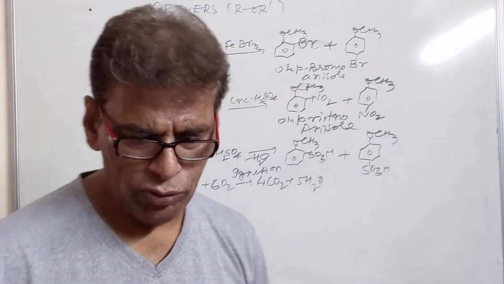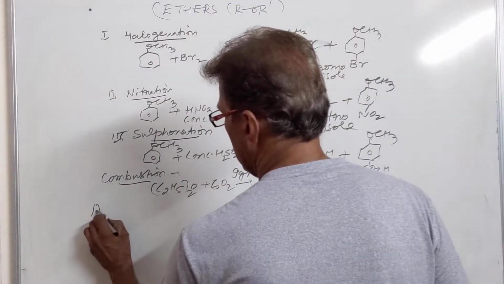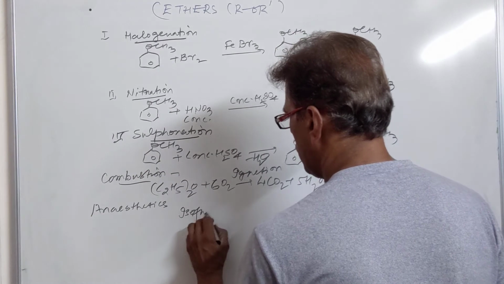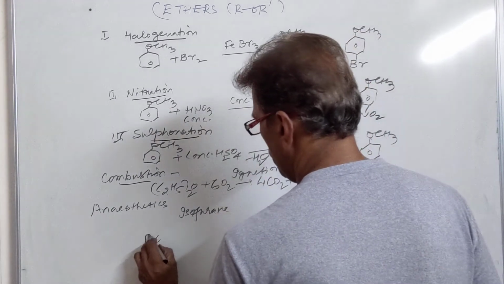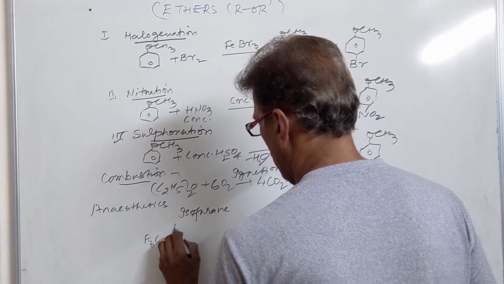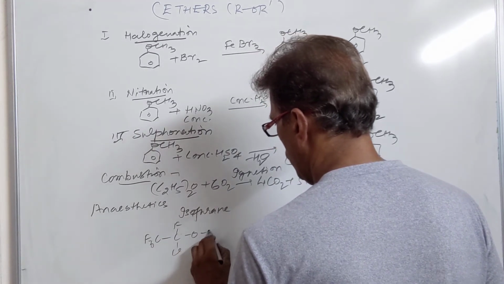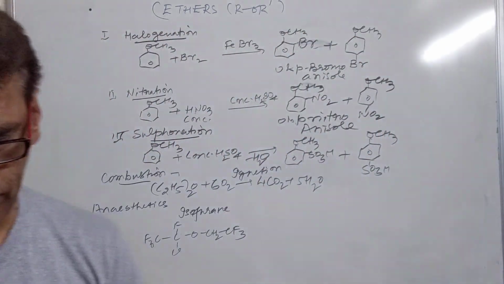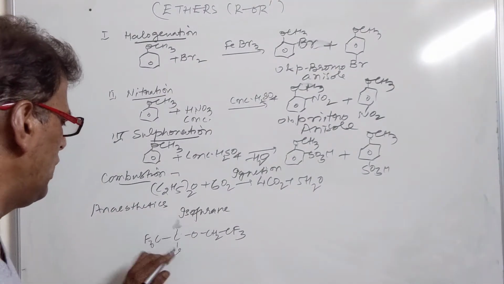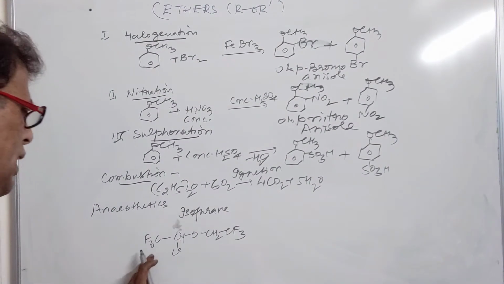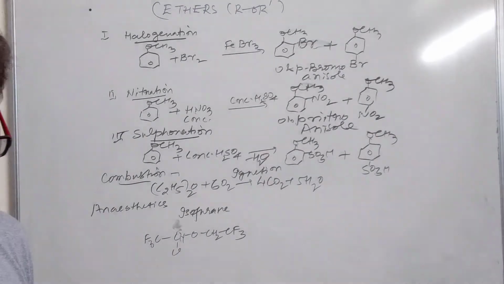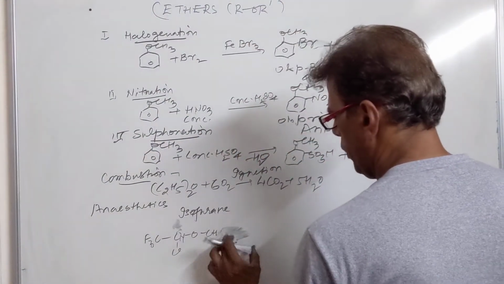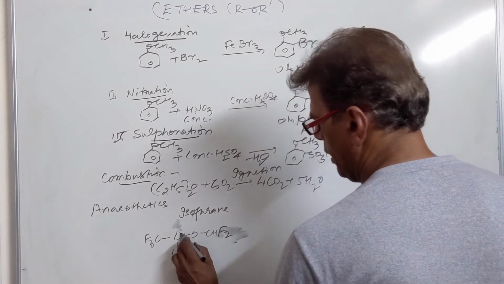So what is the structure of isoflurane? General anesthetics are being used. Isoflurane is CF3, CHCl, O, CHF2. This is isoflurane, a general anesthetic.